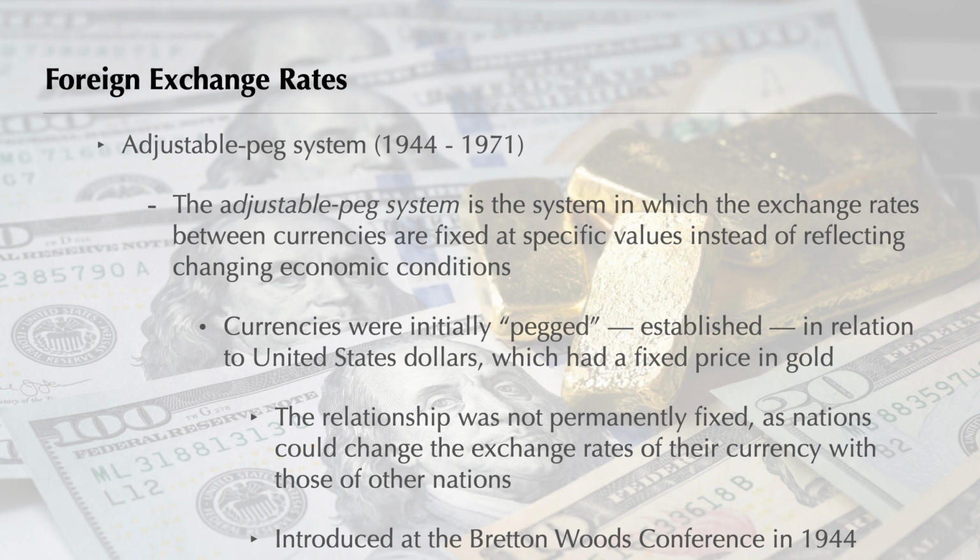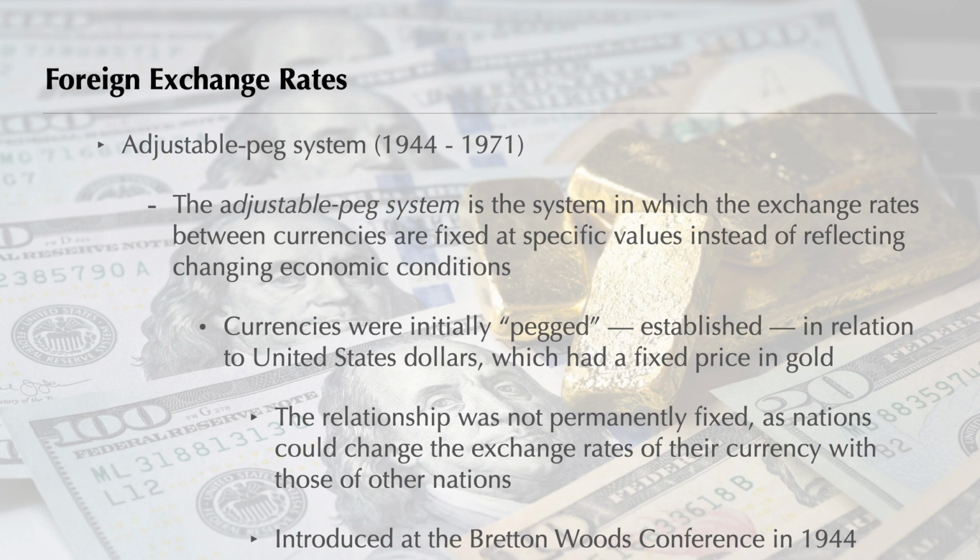The relationship was not fixed permanently, however. As economic situations changed, nations could change the exchange rate of their currency with currencies of other nations. This new rate would remain intact until one country chose to change the relationship between its currency and that of other nations. The adjustable peg exchange rate system was used from 1944 to 1971.